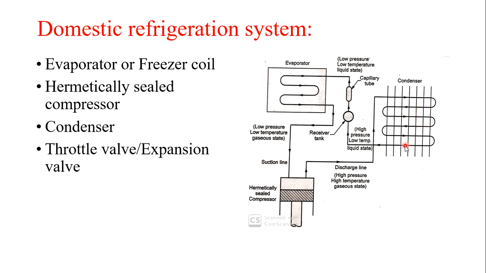So the liquid refrigerant from the condenser part is made to pass towards the capillary tube. When it comes to the capillary tube or expansion valve, due to the throttling process, both pressure and temperature of the refrigerant reduce, and therefore finally the refrigerant, a low pressure, low temperature liquid, is ready for entering into the evaporator coil or freezer coil.